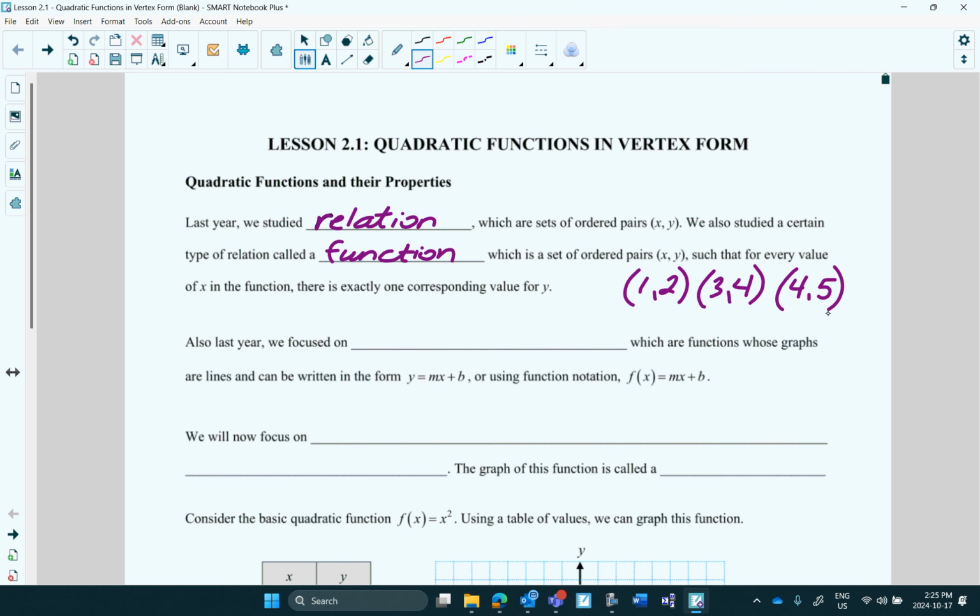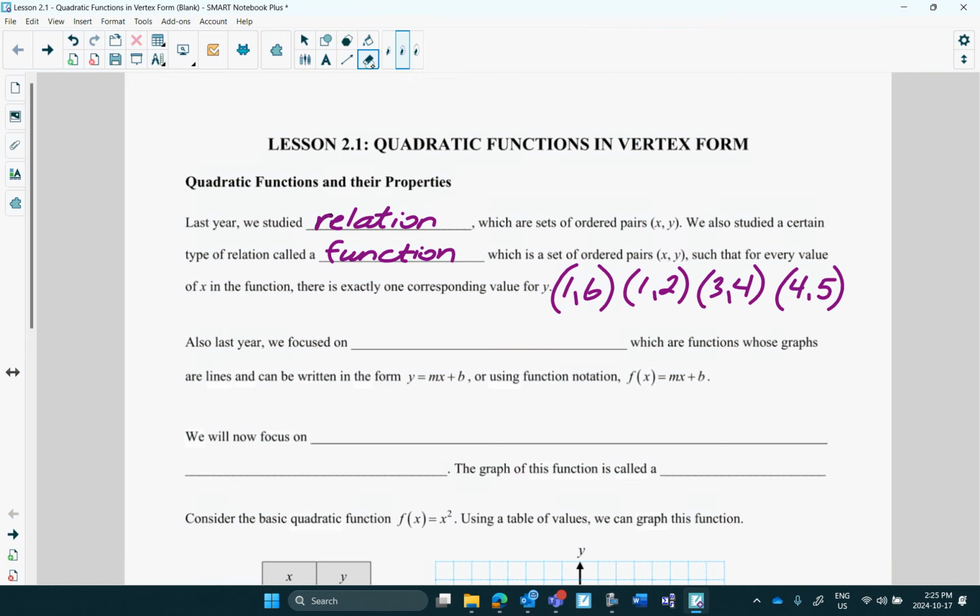And it would also be a function. Because for the x value 1, there's only one y value, 2. For the x value 3, there's only one y value in the whole set. If I added another one, like this, that's not a function. Because the x value 1 has more than one y value.